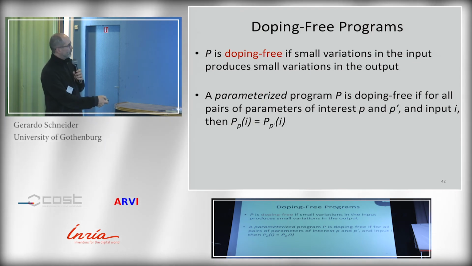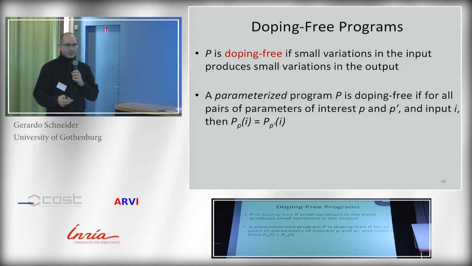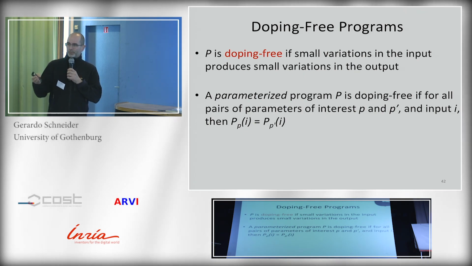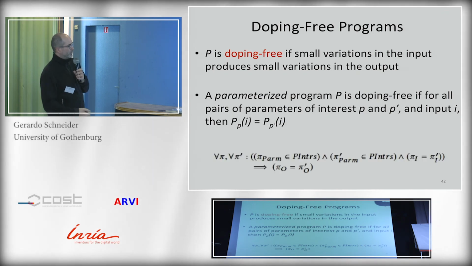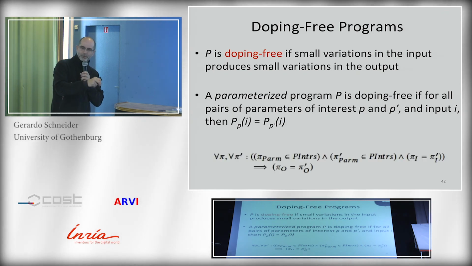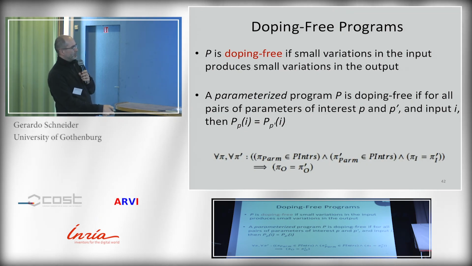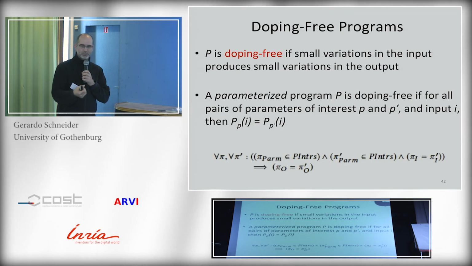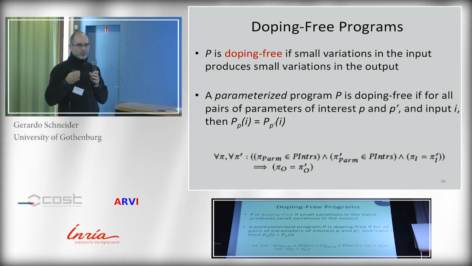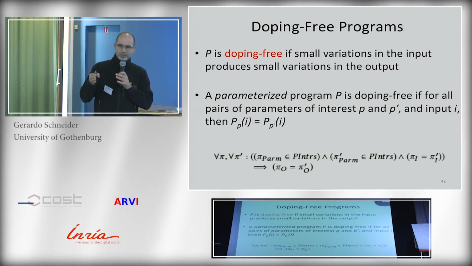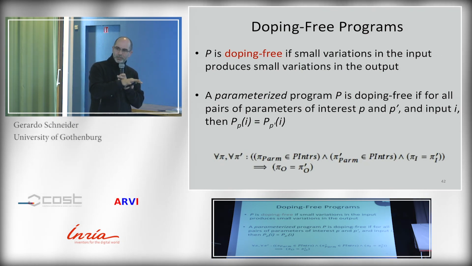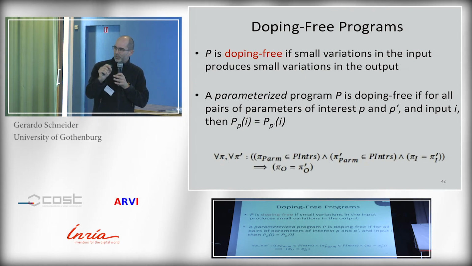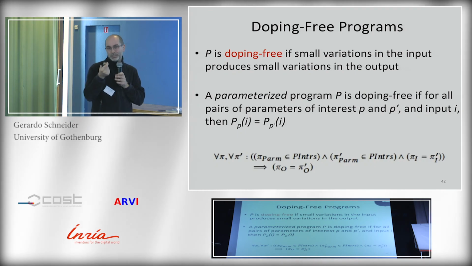The definition we used is the one based on a parameterized program, where you define the parameters that are of interest to you, and then you can write this property by considering only a projection on those parameters. And essentially, again, what you get is a typical implication: when you observe two traces and the input is equal, the output should be equal, but only for the parameters of interest, that are the parameters that you can tweak and eventually cheat your program.